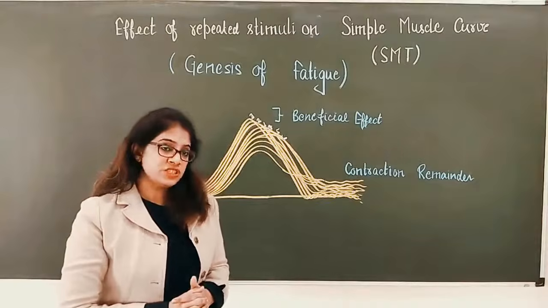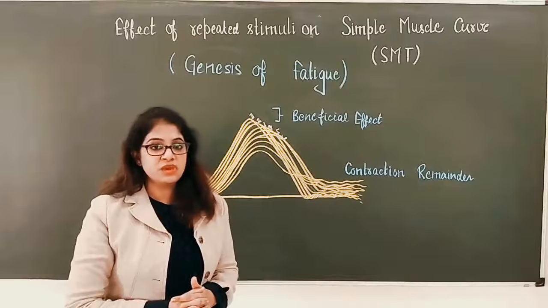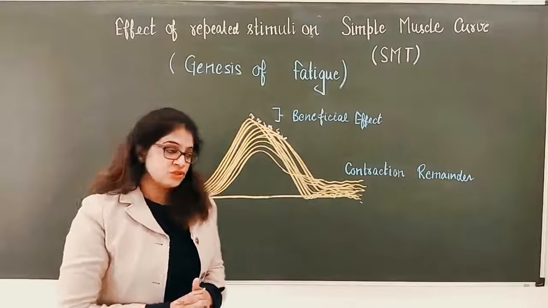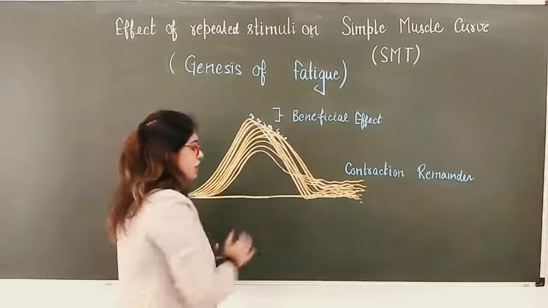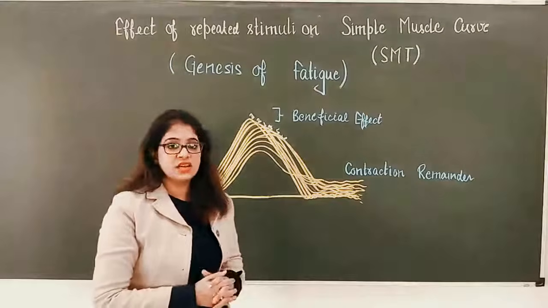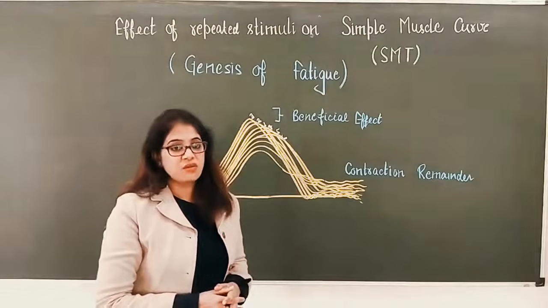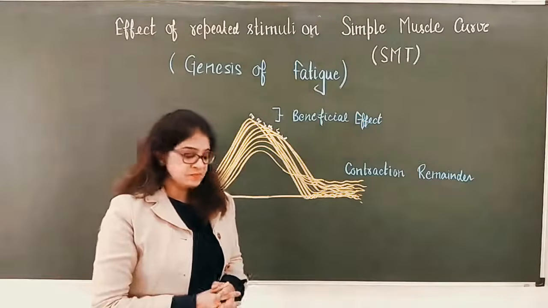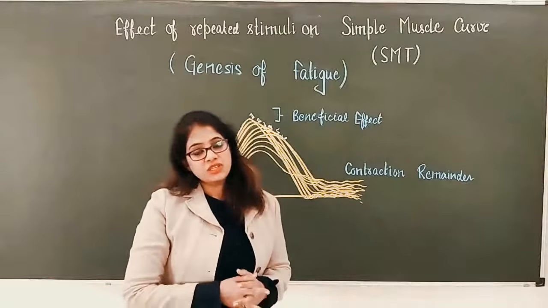Now the first and most important question in all the graphs may be to identify the graph. You would see multiple graphs of different heights and the baseline shifted upwards. So that is a graph of the effect of repeated stimuli on the simple muscle curve, or genesis of fatigue. Now the second question may be what is fatigue?